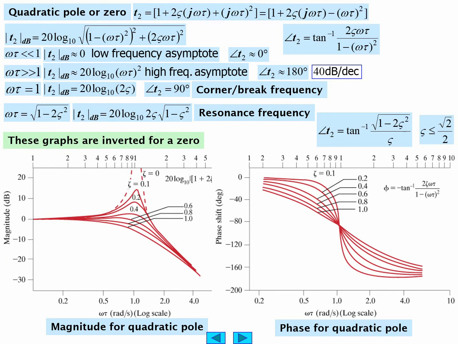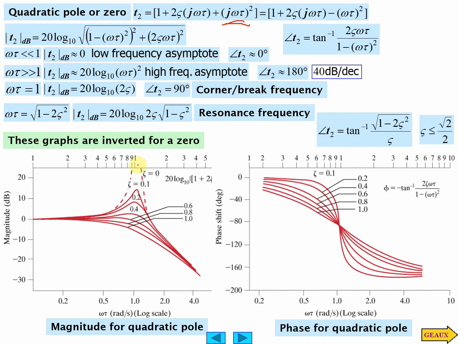That is, we have resonance when we have the j omega squared. When we have this kind of thing going on, the transfer function has this square term.